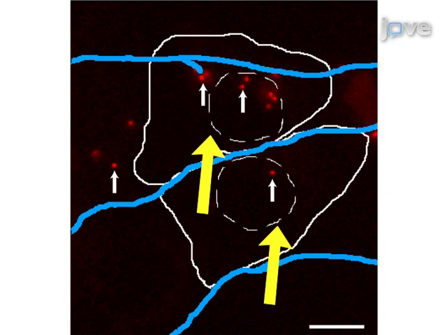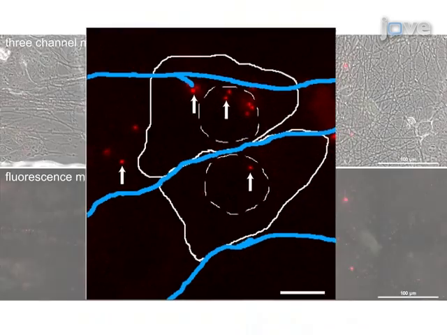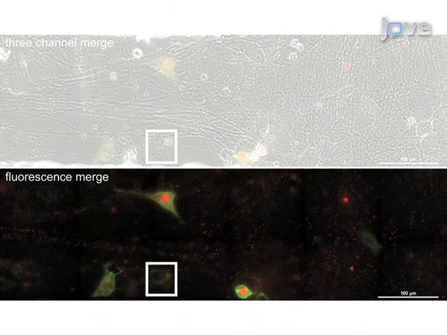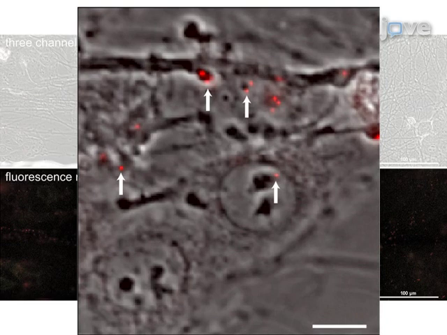The hashed white lines indicate the cell nuclei, and the blue lines outline the axons. In this second panel, the YFP and RFP channels only are shown together. Note the large number of MRFP puncta associated with the axon tracts. These cells were recently infected and do not express either fusion protein.